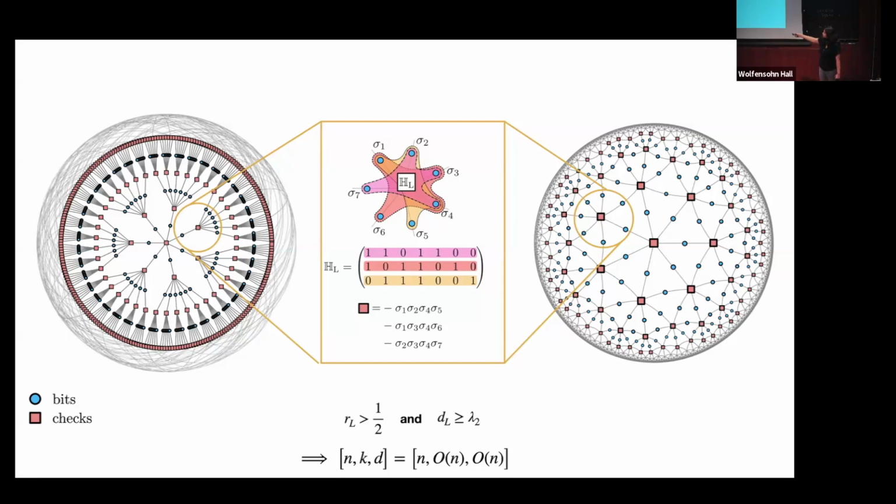So you're only restoring the code locally, but then you're triggering something else a little bit further away, right? So by the time you've made everyone happy everywhere, to get back to the code word it's an order n difference. So that's why it's actually very good for error correction, because it means that you can have errors acting on up to a finite fraction of bits, and you can still correct it.